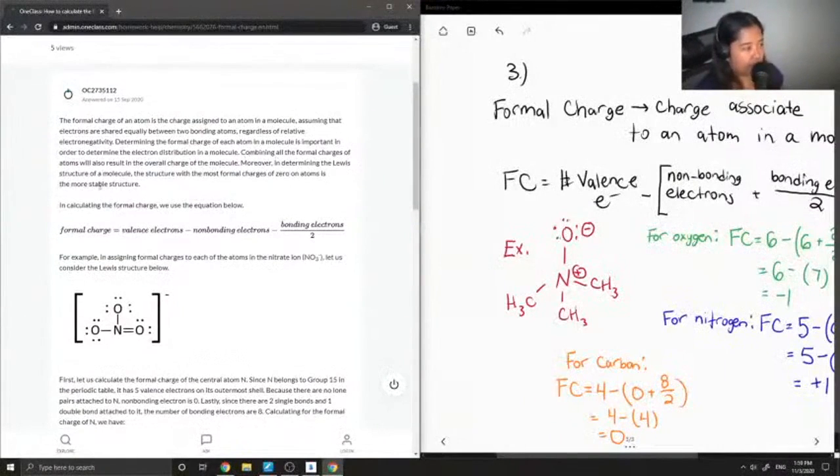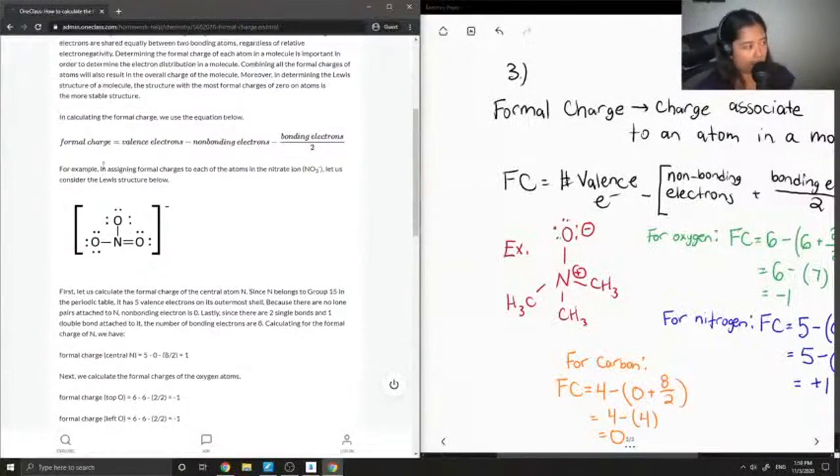Combining all the formal charges of atoms will also result in the overall charge of the molecule. Moreover, in determining the Lewis structure of a molecule, the structure with the most formal charges of 0 on atoms is the more stable structure. In calculating the formal charge, we use the equation below. Fc equals valence minus non-bonding electrons minus bonding electrons divided by 2.